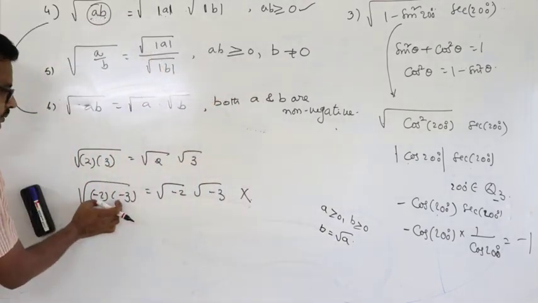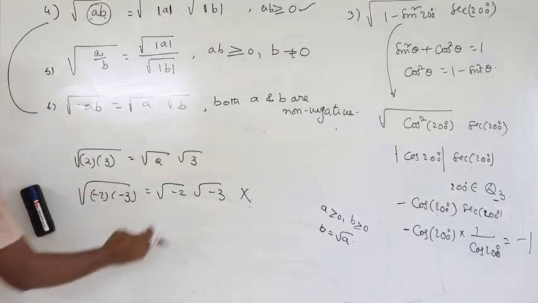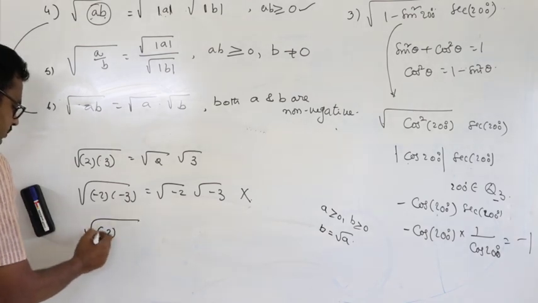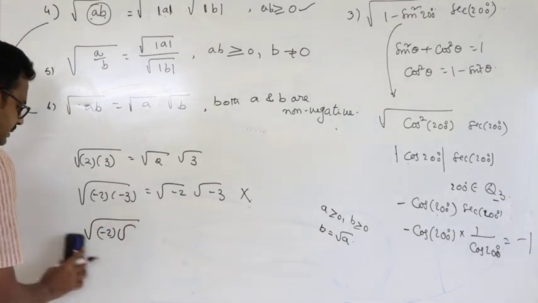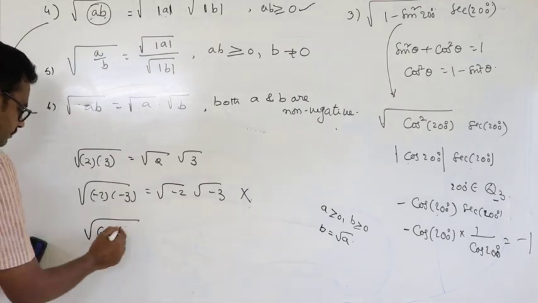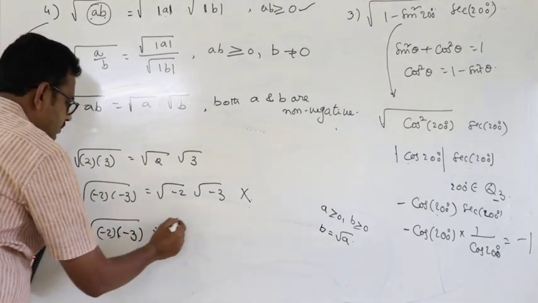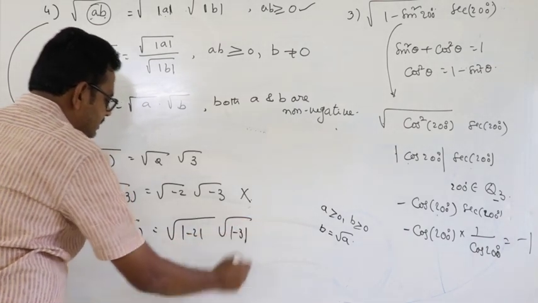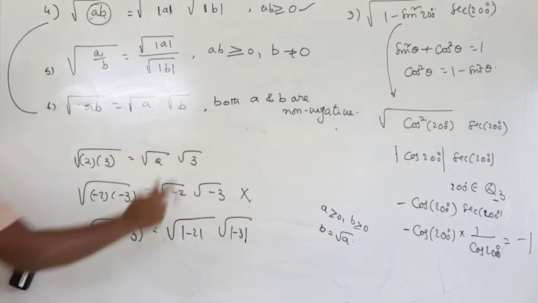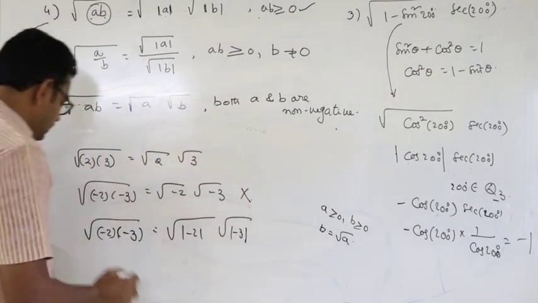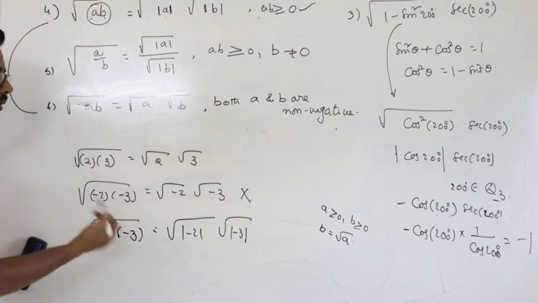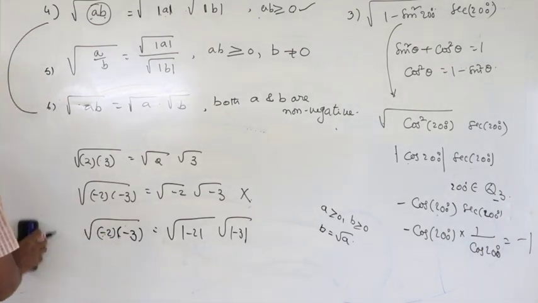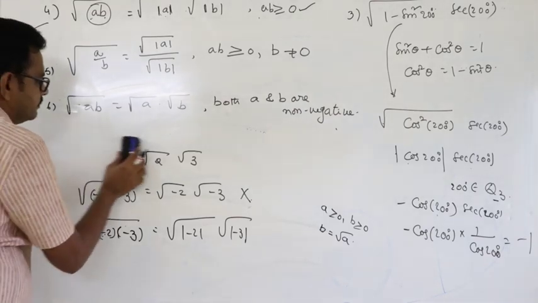So for this, I write root of minus 2 into minus 3 is equal to root of mod of minus 2 into root of mod of minus 3, where if A and B are both positive or both negative, then only their product is positive.